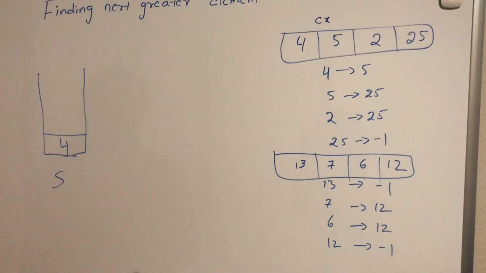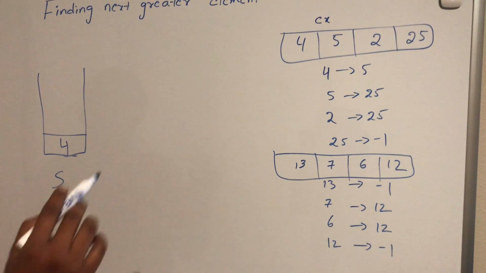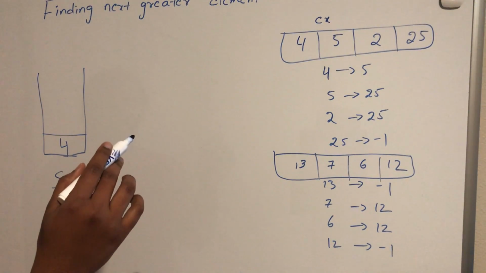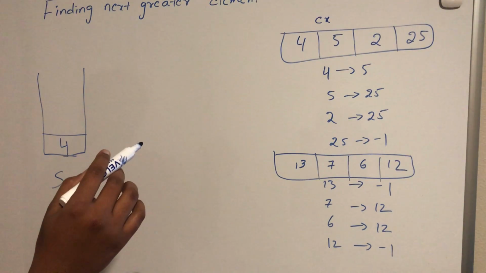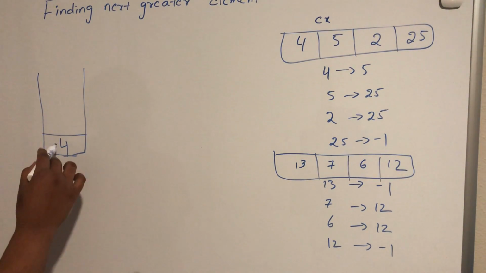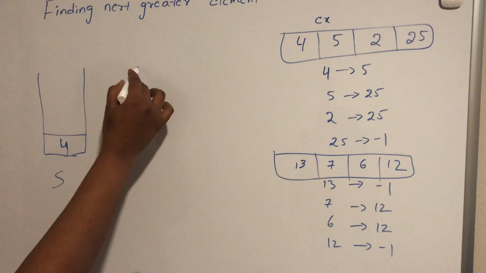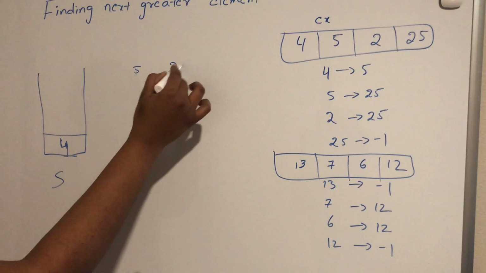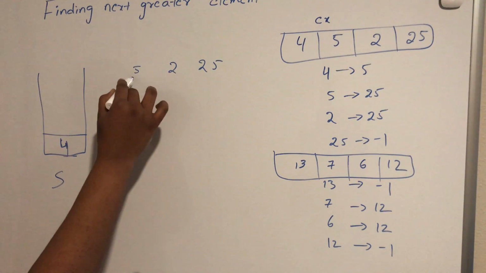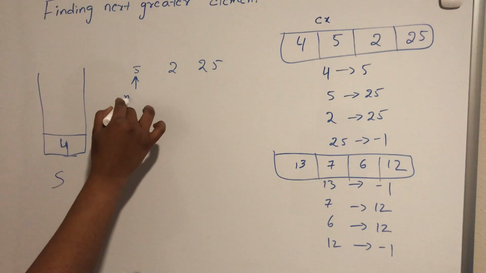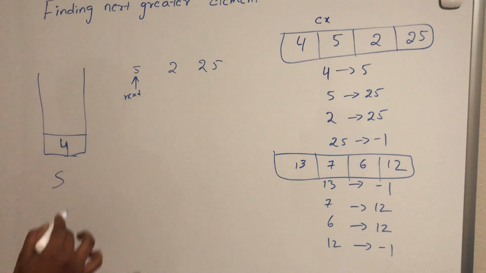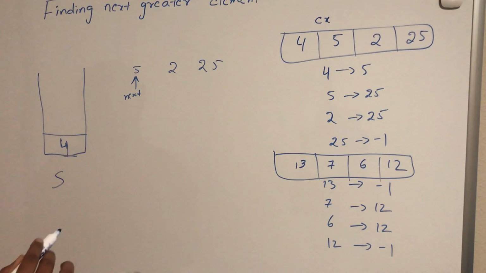We push 4 here, and the remaining elements are 5, 2 and 25. Now this is my next element.